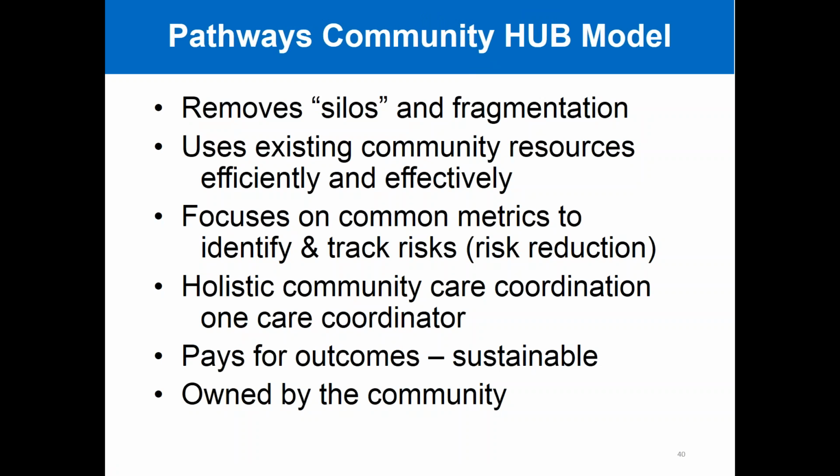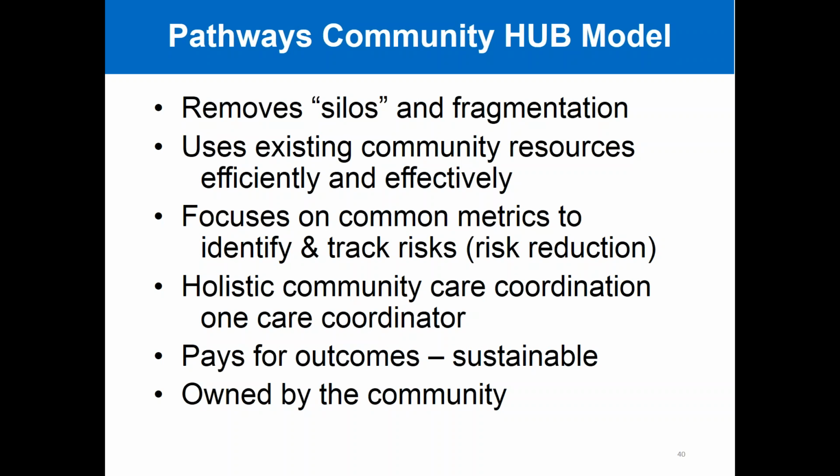So in summary, the big benefits of the hub model is that it removes the silos and fragmentation that kind of plague the communities right now, and makes a more family-friendly approach to community-based care coordination. It's designed specifically to use existing community resources more efficiently and effectively.